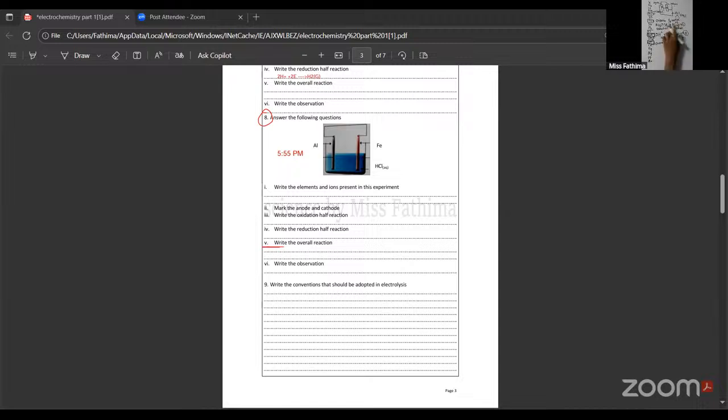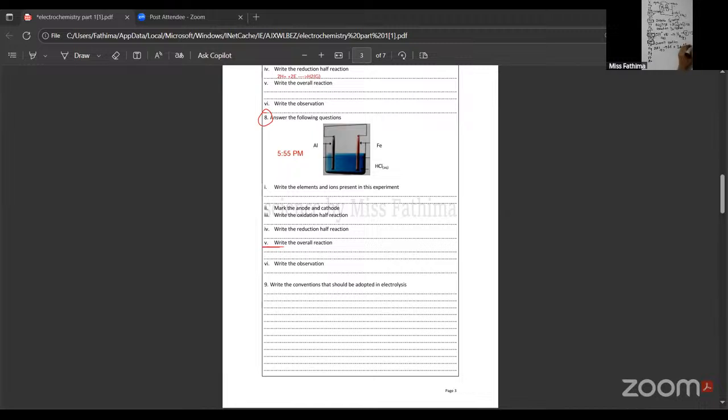Now what is a common number that you can take for 3 and 2? You can take it as 6, right? Then the first equation, the aluminium equation, you multiply by 2, and the reduction equation, you multiply by 3. If you multiply the first equation by 2, you will get 2Al solid going to 6 electrons plus 2Al 3 plus aqueous.